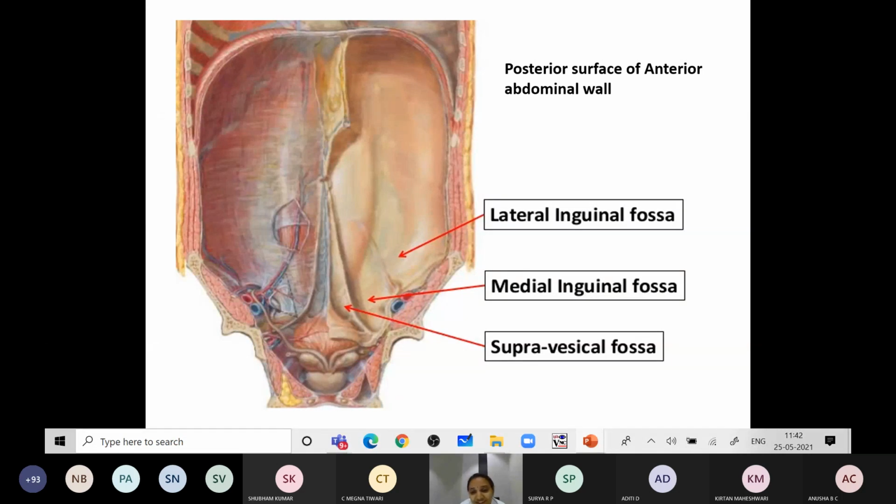Have you heard about Hasselbach's triangle? No? Then you have not listened to the class on the inguinal canal.